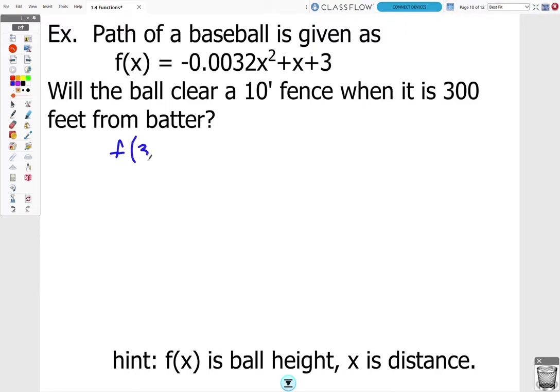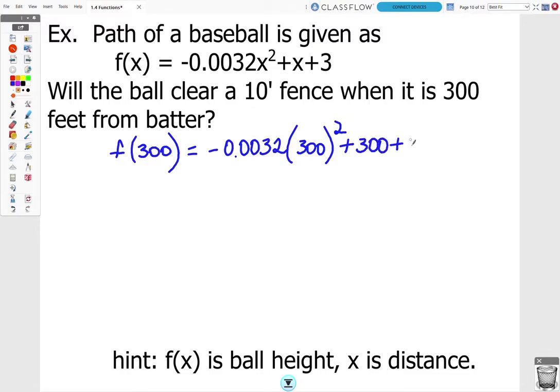I'm looking for f of 300. That is negative 0.0032, and then 300 squared plus 300 plus 3.